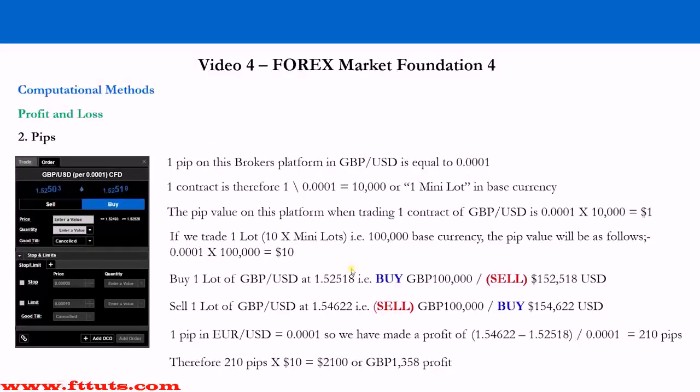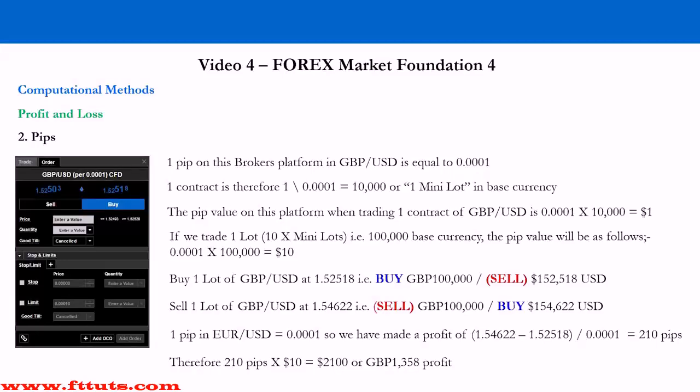Let's look at an example. Here we've got sterling US dollar, where 1 pip on this broker's platform is equivalent to 0.0001. You can see it quoted on the screen.